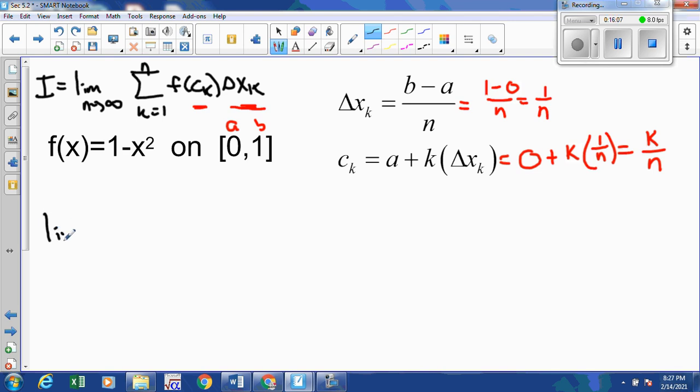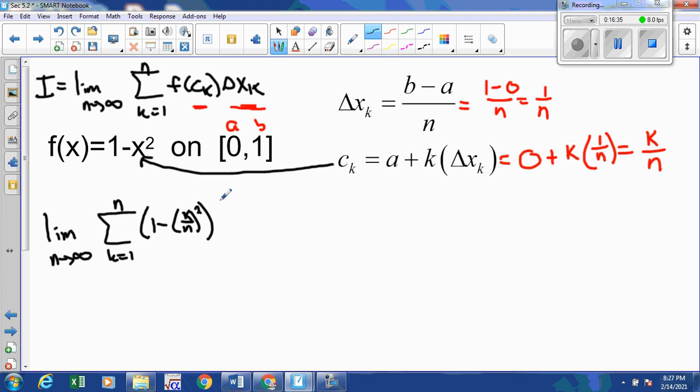This is the limit as n goes to infinity of sigma k equals 1 to n. We get f of c sub k, so that's going to be f of k over n. That is going to be 1 minus k over n squared. I'm just putting this c sub k in there, times delta xk, which is 1 over n.